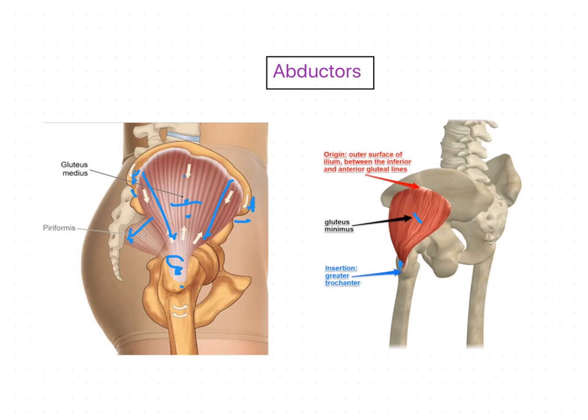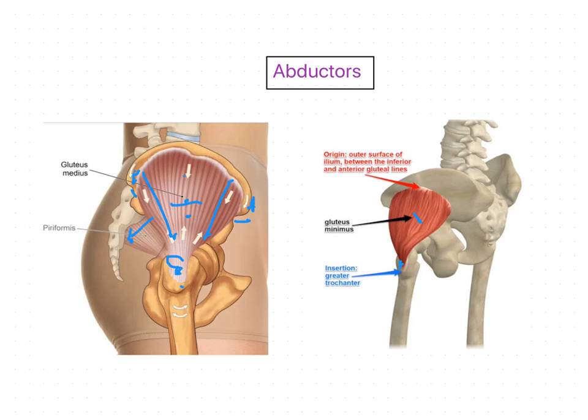The gluteus minimus and medius muscles function together to either abduct the femur in an open kinematic chain or, more importantly, to stabilize the pelvis in unilateral stance, that means single limb support, against the effects of gravity.